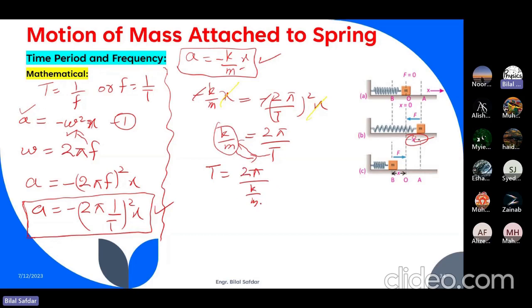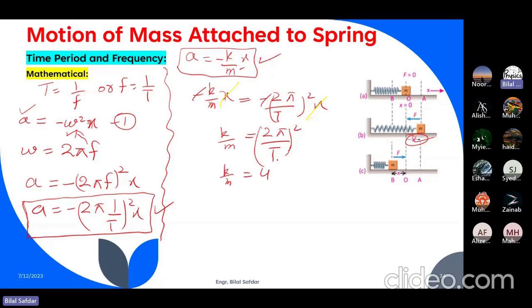Any confusion till this point? No, sir. Okay, there is a little confusion because there is a square present there. We have to open it first, then we have to shift it.